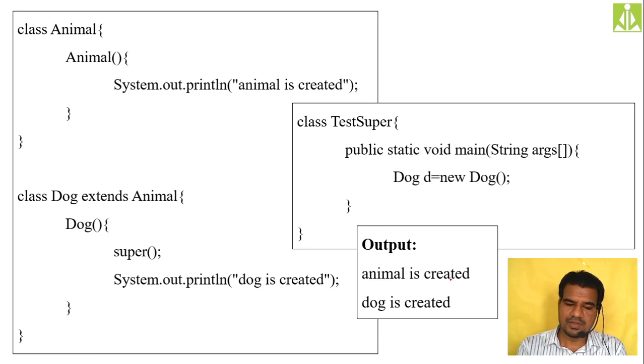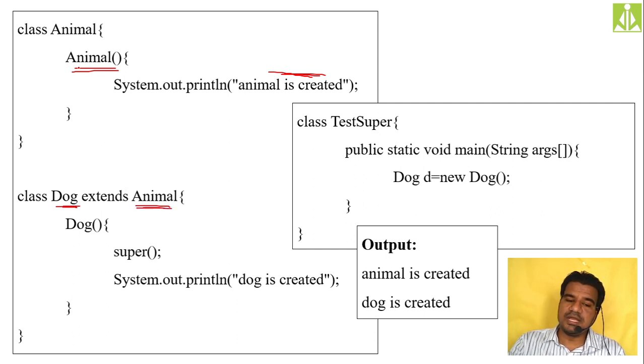Over here we have the animal class and we have the dog class. Inside the animal class, I kept one constructor, Animal, and in that constructor I'm printing a simple message, animal is created. Now I'm extending my dog class from the animal class.